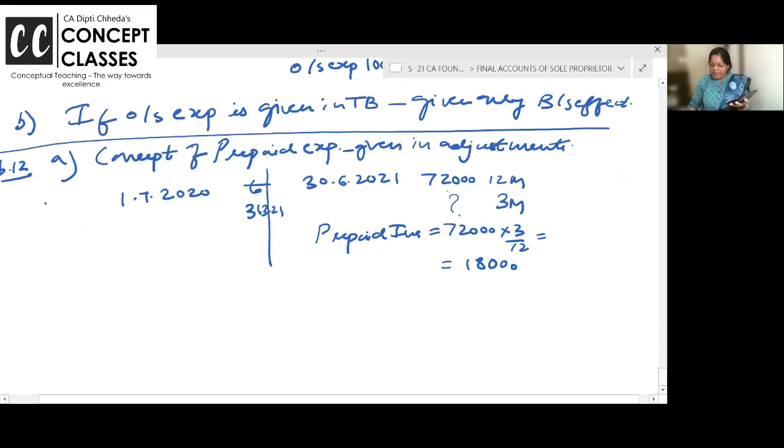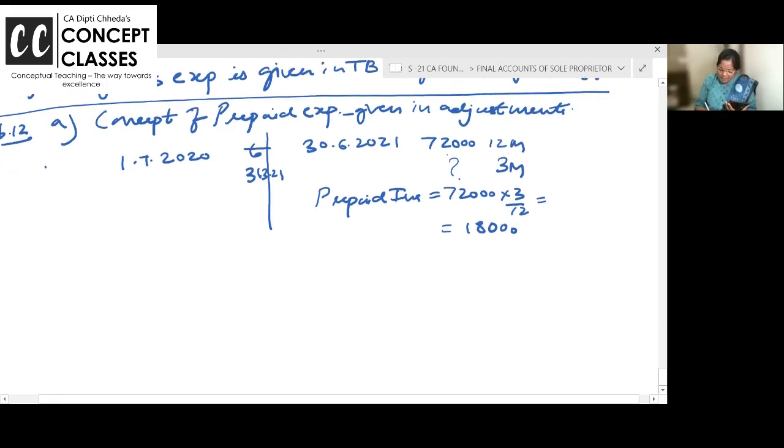Concept of prepaid expenses. 72,000 into 3/12. Yes. And how do I pass the journal entry? You want to reduce your expense, which is not 72,000. So prepaid expense debit. It is your current asset. We will take it to current assets.